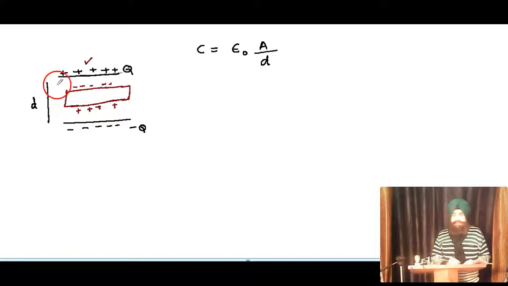Now there are two fields. One is the external field, positive to negative, E naught vector, and the other is a polarizing field in the dielectric, which we call EP. Now in a dielectric there are two fields, one external and the other internal.